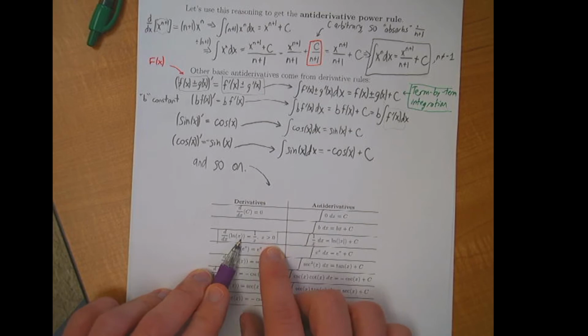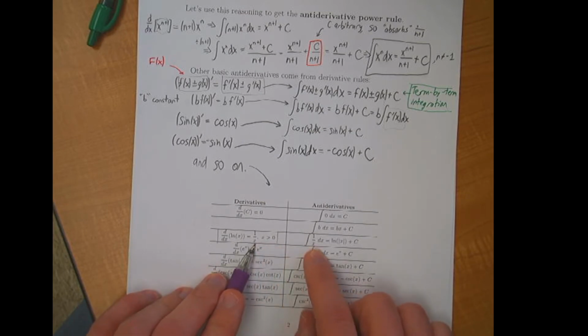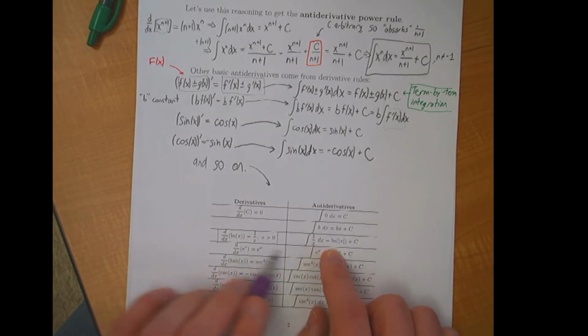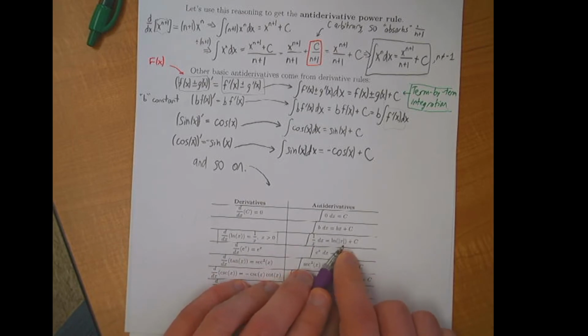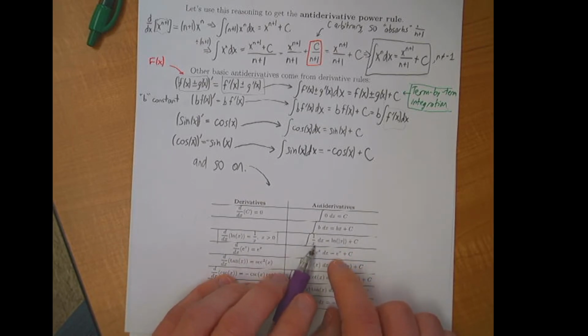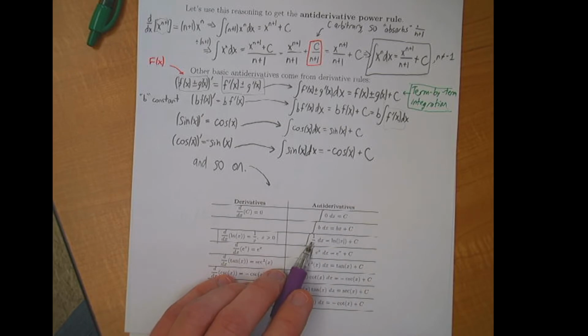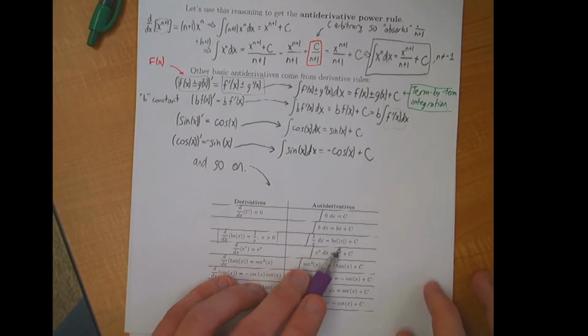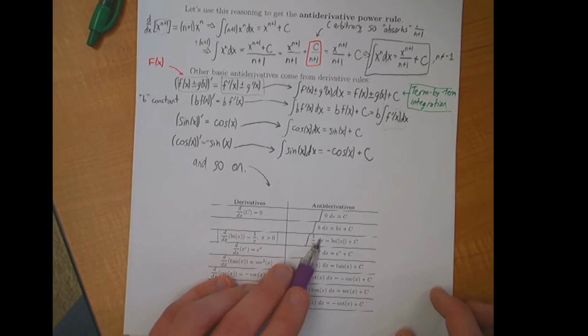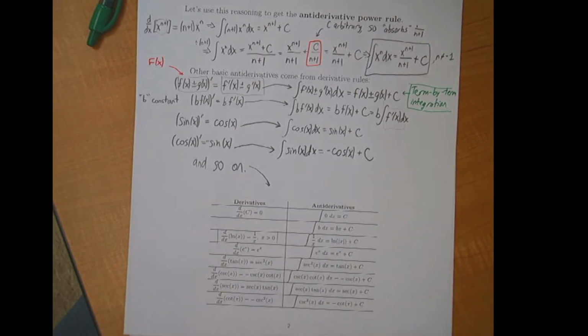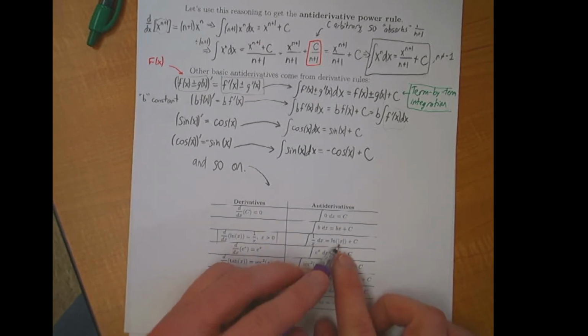So to account for this with the integral of 1 over x, we have to have the natural log of the absolute value of x, because it's possible that for 1 over x, we could be integrating over an interval with negative numbers in it. So we have to account for that by including this absolute value here. Okay? Integrating over a negative interval, we'll get into that in a later lesson, but just to give you an idea of why we should have this absolute value here.